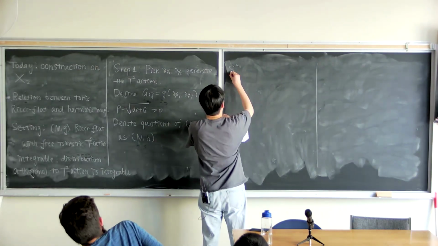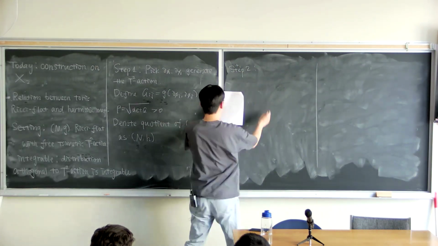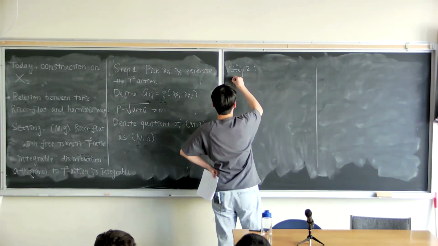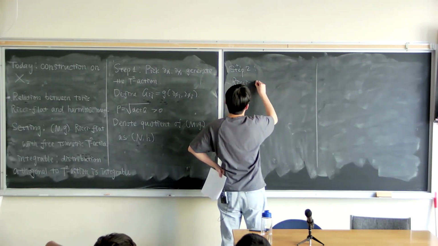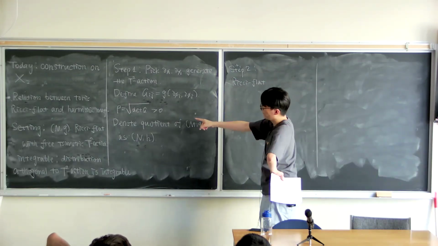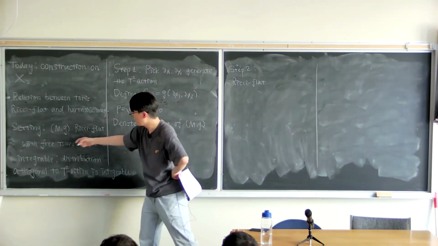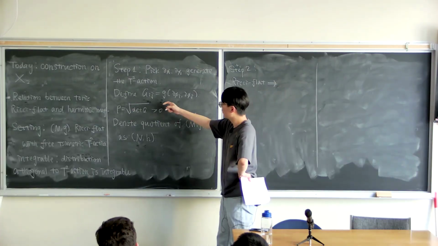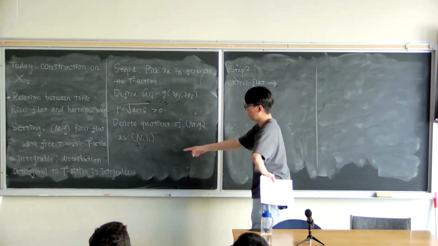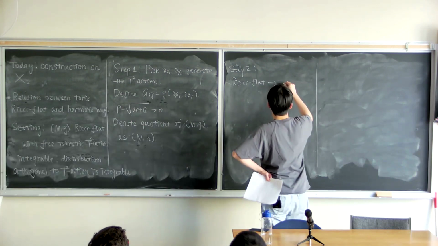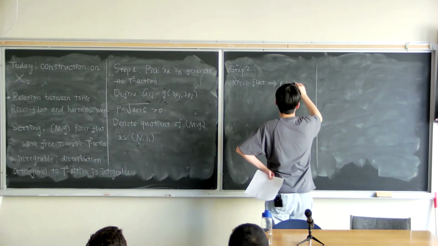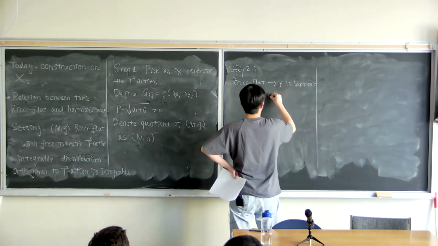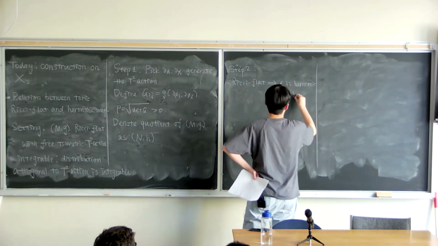The second step is by some computation, you'll realize that the Ricci-flat assumption on the metric implies that the function rho is harmonic on NH.